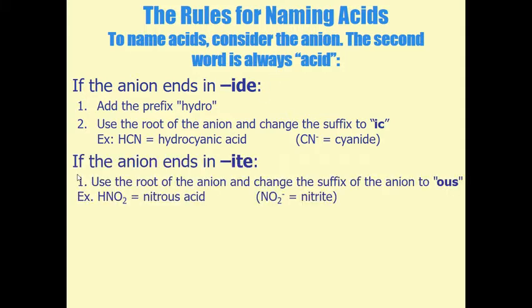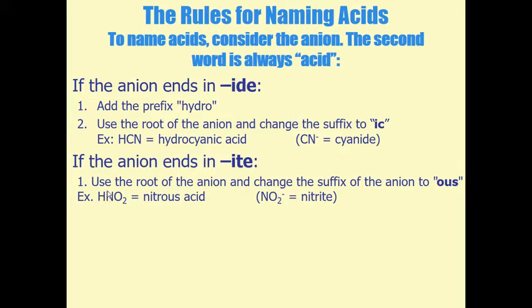If the anion ends in ITE, that right there is an indication it is a polyatomic. Remember, your polyatomics end in ITE and ATE. So if you have an anion that ends in ITE, you're going to take the root of the anion and change the suffix of the anion to US. So for instance, if you see HNO2, that H, that's an acid.